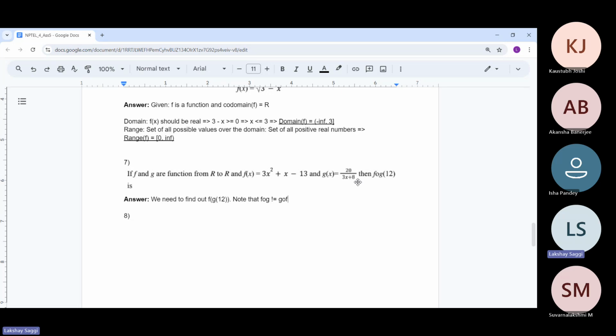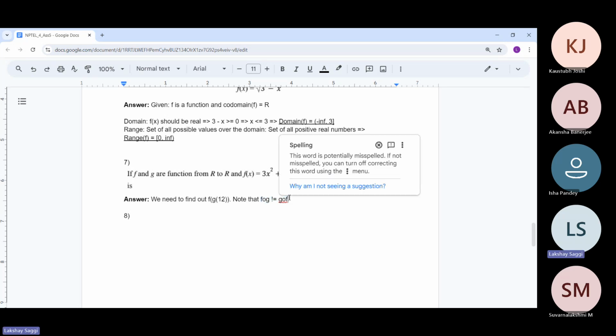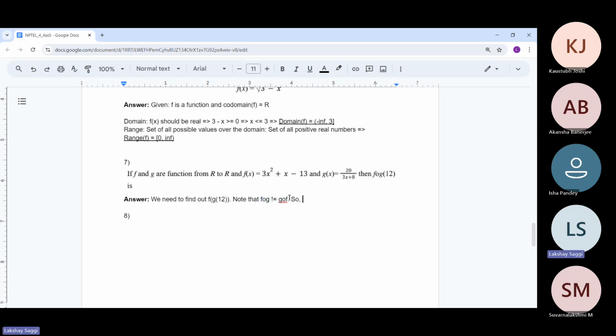This is not possible; FOG will not be equal to GOF in a lot of cases. So always compute in the order asked. This is a silly mistake people sometimes make, reversing the order thinking it won't affect anything, but that is totally incorrect. So never do this, guys.